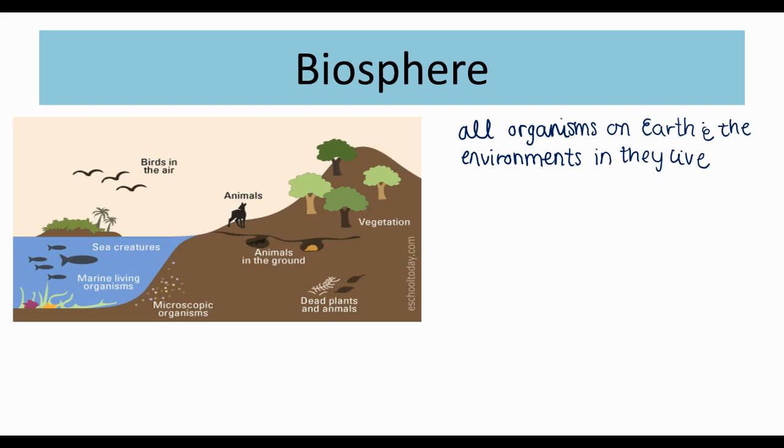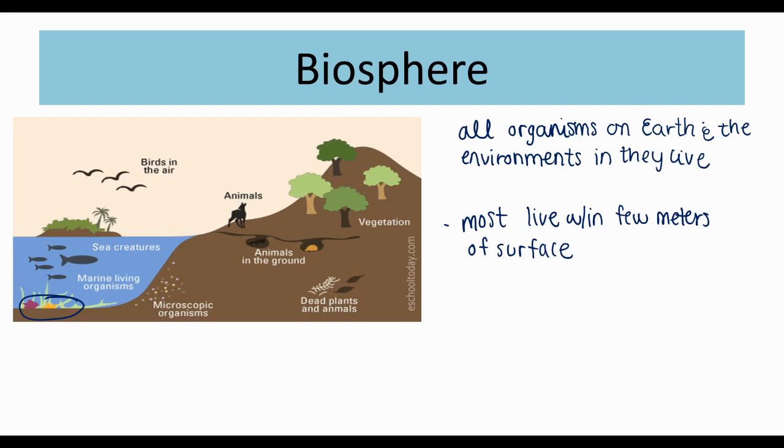So most organisms are going to live within a few meters of Earth's surface. But as we can see from this picture, we do have organisms that live deep in the ocean, and we have some that will live high atop mountains.